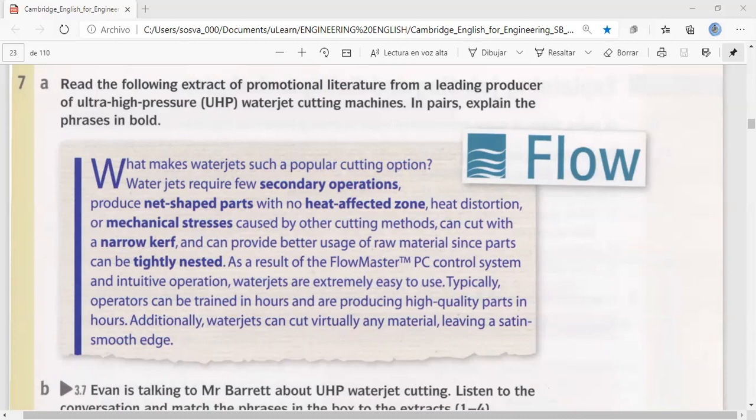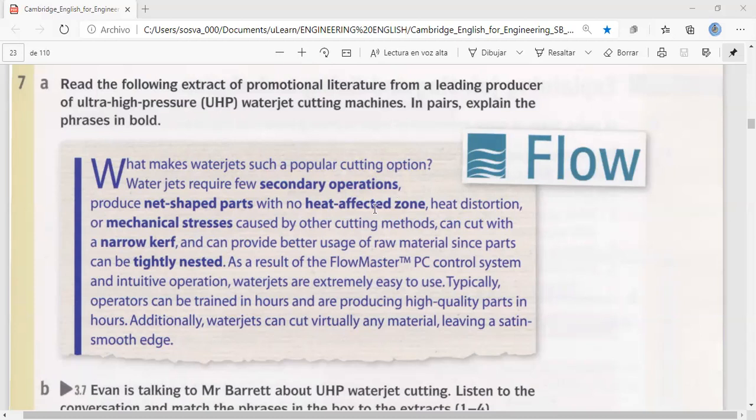As a result of the FlowMaster PC control system and intuitive operation, waterjets are extremely easy to use. Typically, operators can be trained in hours and are producing high quality parts in hours. Additionally, water jets can cut virtually any material, leaving a satin smooth edge.